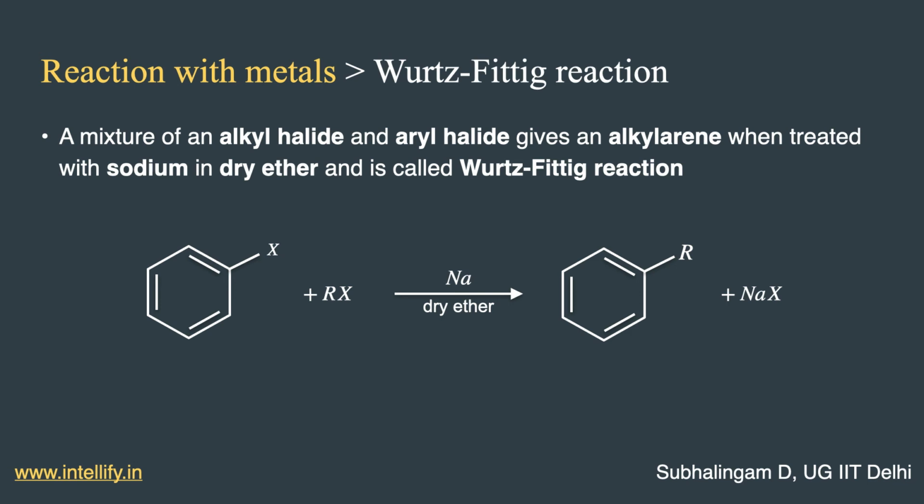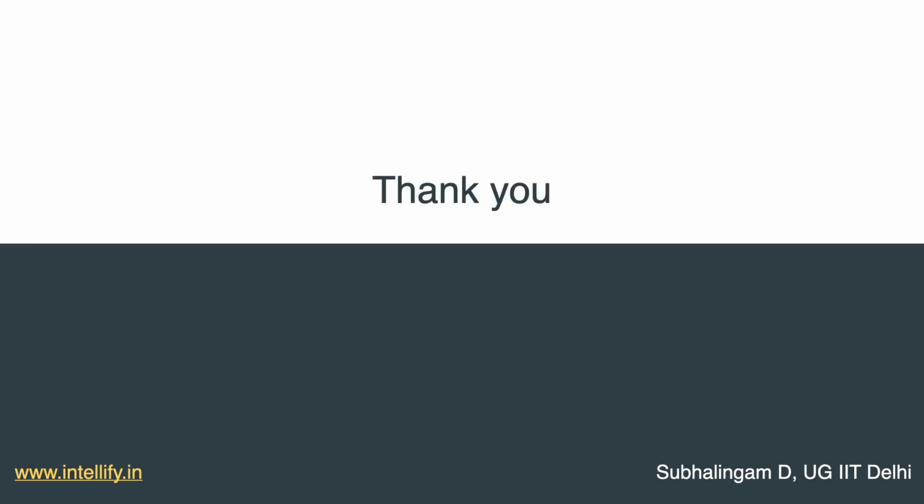So with this we have completed the 10th chapter, haloalkanes and haloarenes in the class 12 NCERT chemistry textbook. Let me give you a summary of what we have learned. In the first video, I talked about classification, nomenclature, and the nature of the C-X bond. We saw that the carbon has a partial positive charge and the halogen gets a partial negative charge.